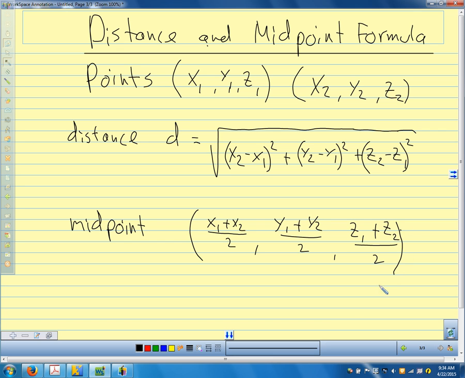So we're just averaging each coordinate to get our midpoint. I'm not going to do a lot of calculations with these. We should be able to calculate these. So we're just adding a z piece.